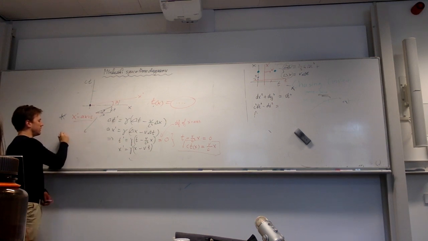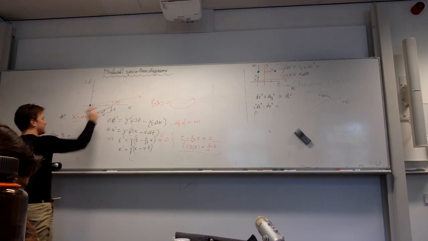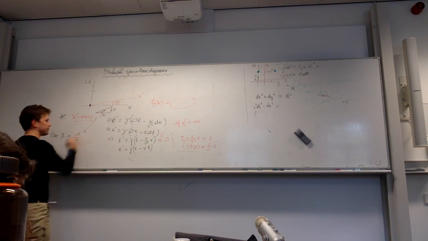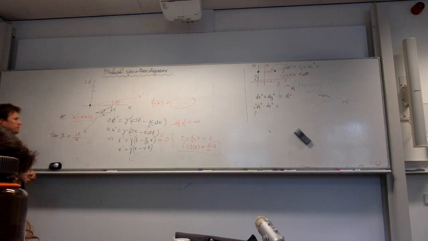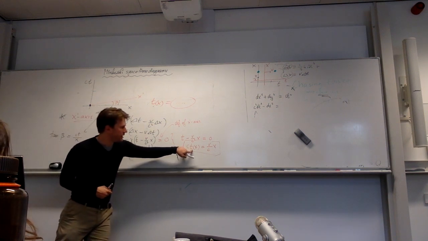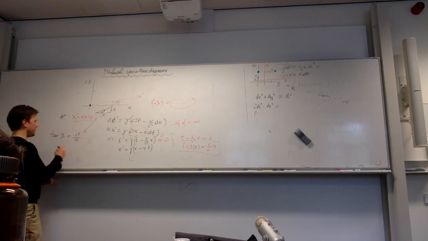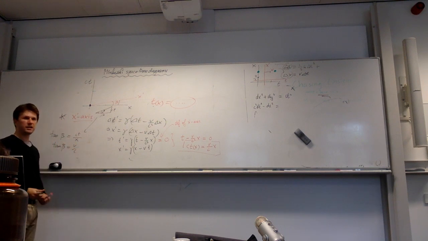Then you use your, again, your high school physics, means that the tangent of this number is ct over x. But ct over x just means v over c. So what I find is the tangent of beta is v over c.